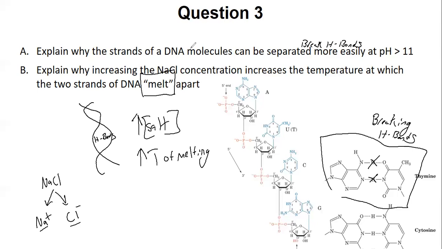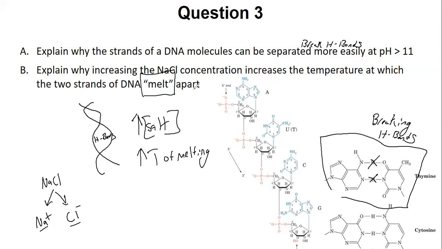Negative, correct. So if DNA is negative, which of these two ions is it most likely to bind to? Is it going to bind to sodium or is it going to bind to chlorine? Sodium, right.